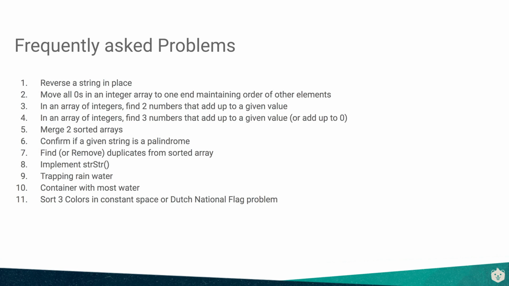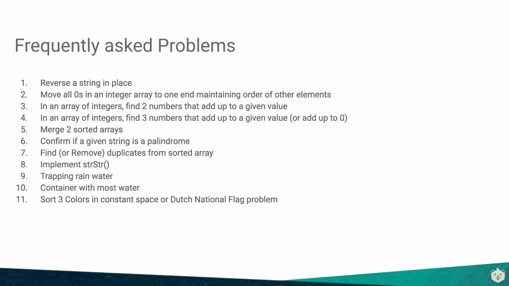These are some of the frequently asked problems related to the two pointers pattern. Reverse a string in place, move all zeros in an integer array to one end while maintaining the order of the other elements. In an array of elements, find two numbers that can add up to a particular sum, or find three numbers that can add up to a particular value.